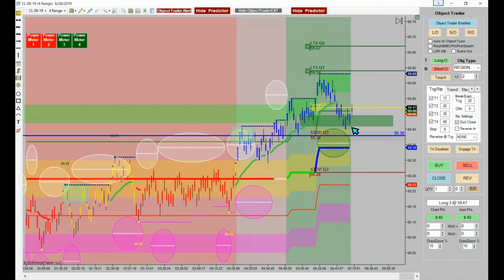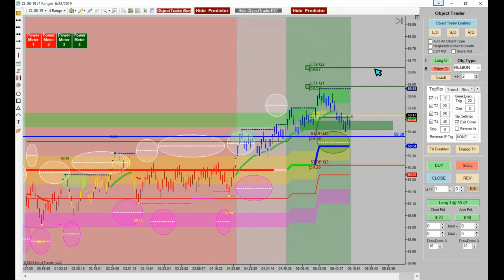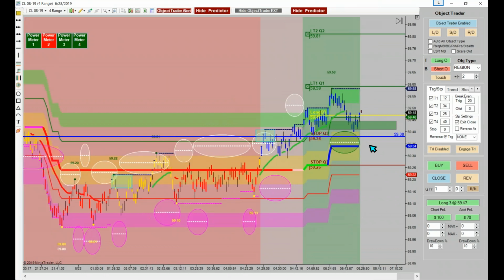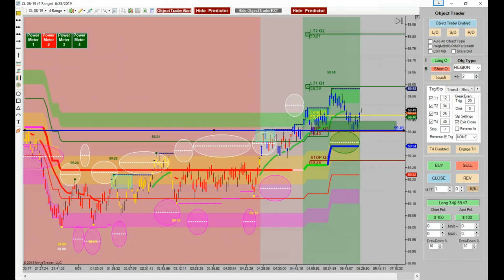Okay. Now that turned out to be a decent little trade. Now what you'd want to do in a case like this, see we're in 3 total and we're good to go. I'd probably bring my stop a little bit higher now.